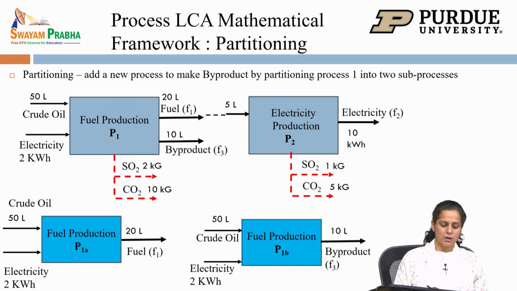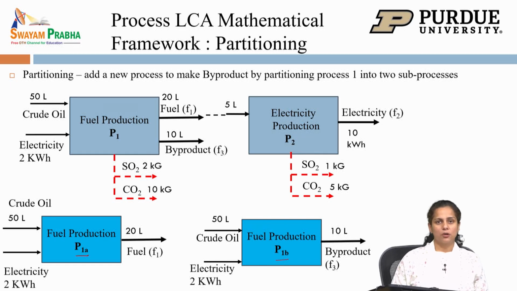So, you have now a fuel production process 1, P1A, and fuel production process B, and you can see that what we have done is that we have partitioned the fuel production process into two different processes. Each of them is only making one product, either fuel or byproduct.